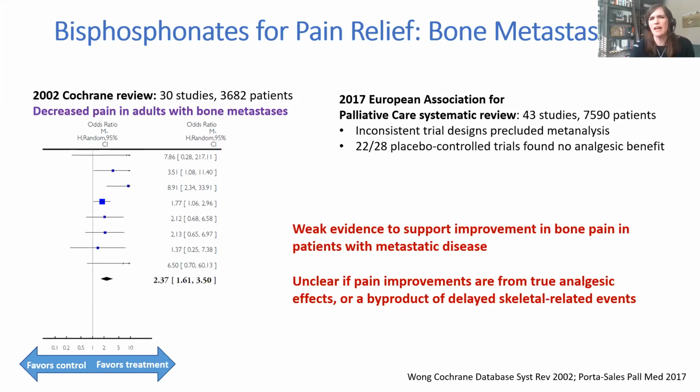So taking this together, this shows that there may be weak evidence to support improvement in bone pain in patients with metastatic disease. However, it's unclear if these pain improvements truly represent an analgesic effect of bisphosphonates or whether this might be a byproduct of bisphosphonates delaying skeletal-related events.